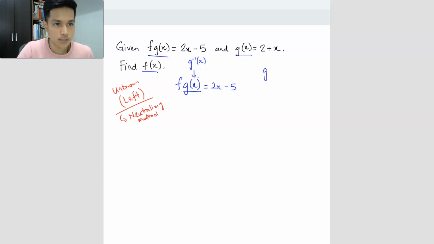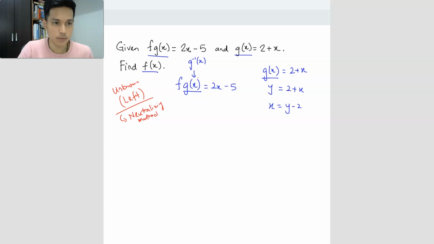So since g(x) is 2 plus x, I hope you know how to do inverse. If not, you can check out the inverse function video. So I'm going to make this become y first, so that it's easier for me to shift. Now, since y is the subject, I'm going to rearrange this equation such that x becomes the subject. When you rearrange, you get x equals to y minus 2.